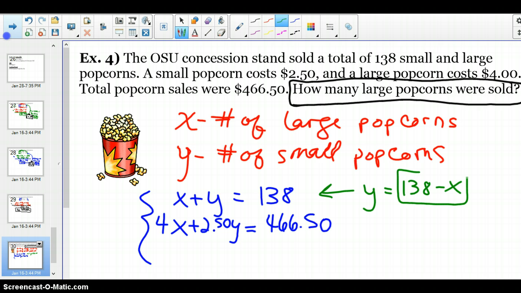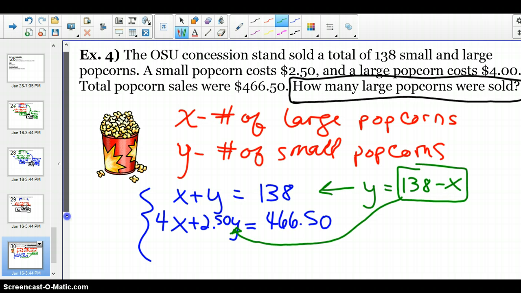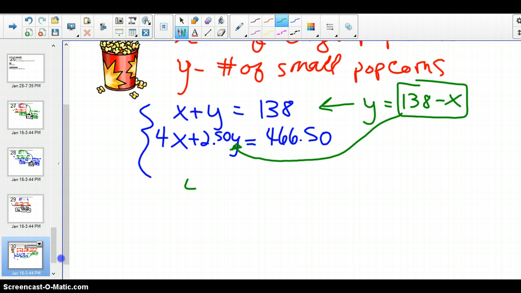Now if you remember substitution, you're going to take that expression for y and plug it back into the other equation. So this is going to be 4x plus 2.5, and now y is no longer there. It's 138 minus x. That's what goes in there for y.